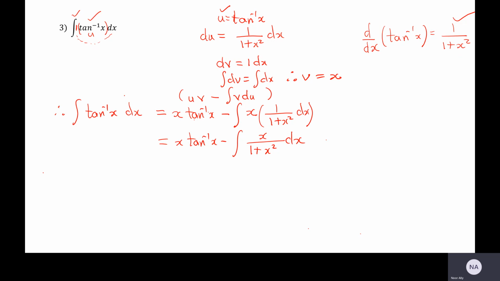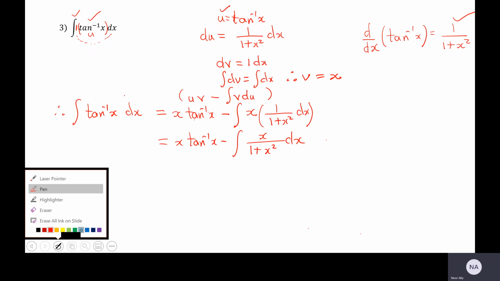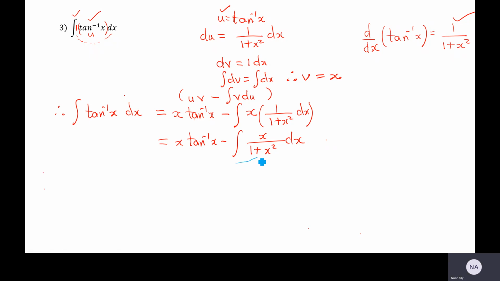Then the next step of the techniques was u substitution. Is it a u substitution? Okay, it could be. It is. Because when I look at, and I'm going to bring a different color in here, 1 plus x squared, the derivative is 2x. So I have the correct x, but I don't have a 2.